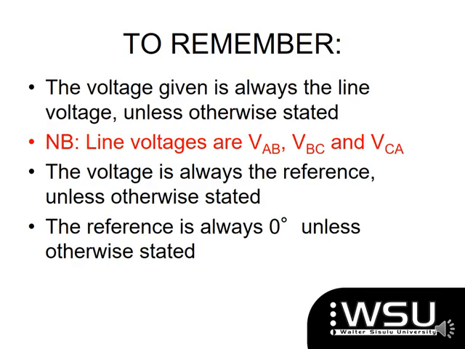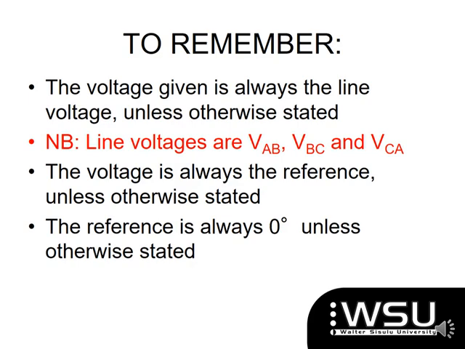What I want us to note then is the following, that the voltage that you may be given in a question at any point in time should be your line voltage unless they state otherwise. How do they state otherwise? Well, we first need to recognize how our line voltages are named.